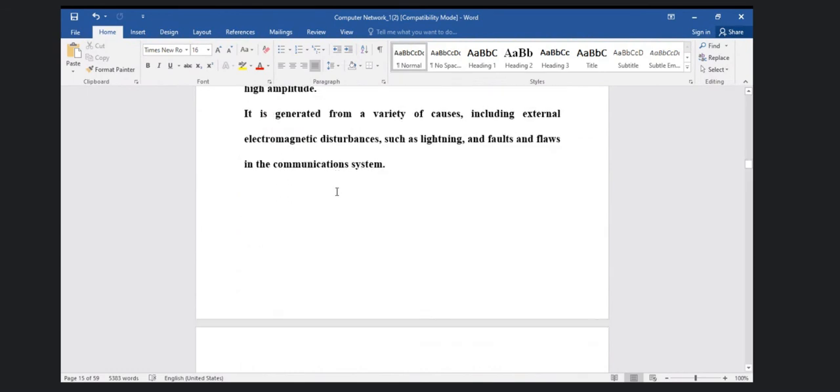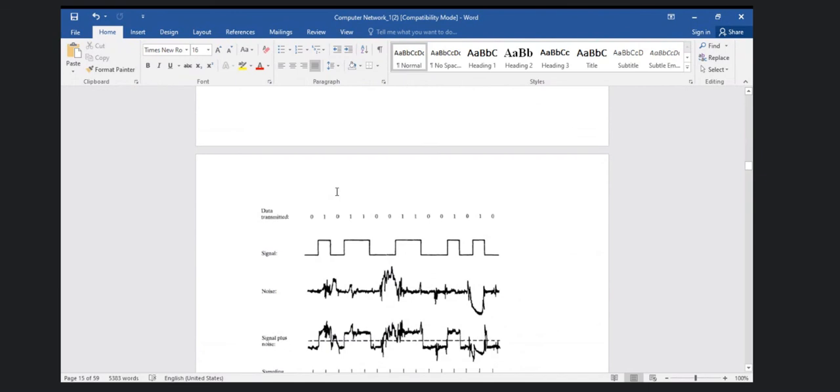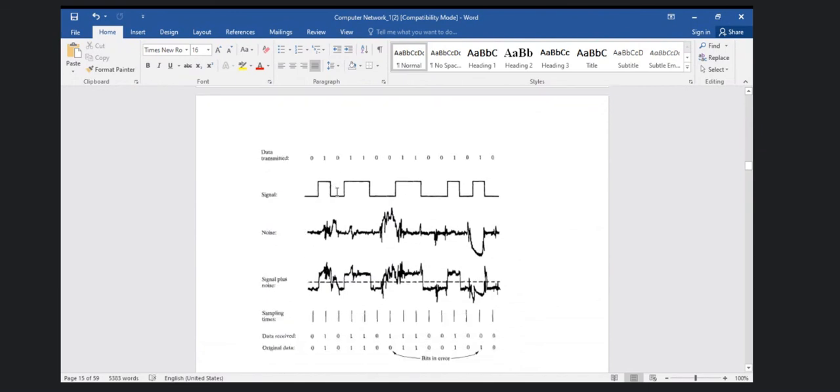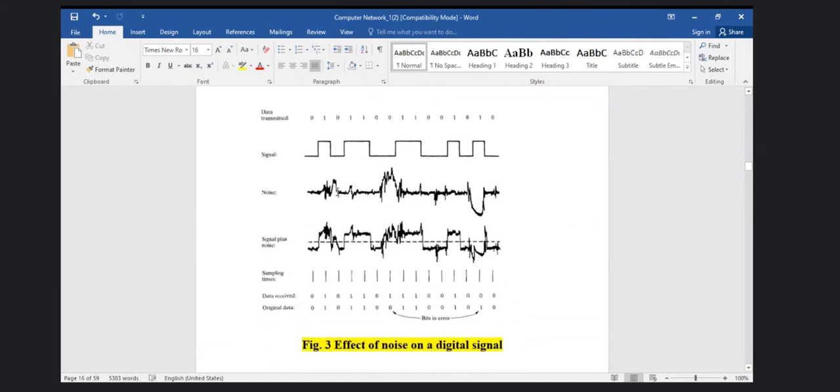Now let's see how it will affect the signal. Here I have taken one example. Say the data which has been transmitted is 0101. So for 0 it will be 0, and for 1 the signal will be like this.